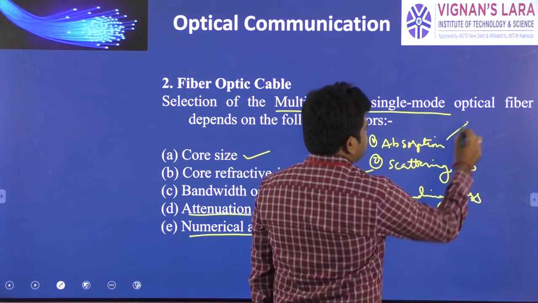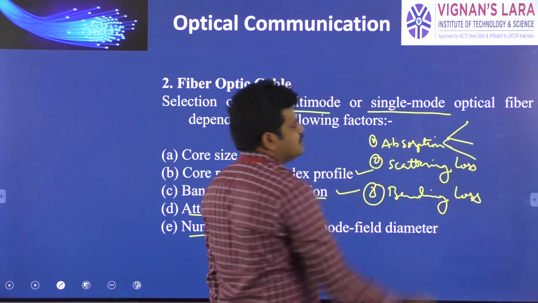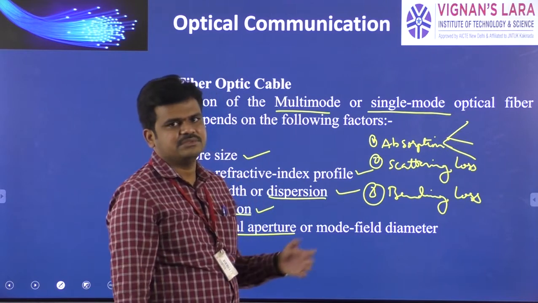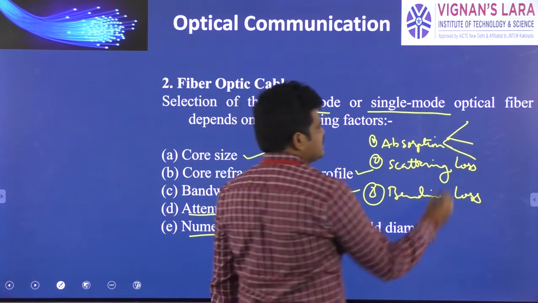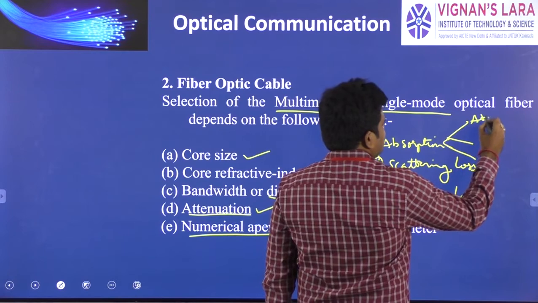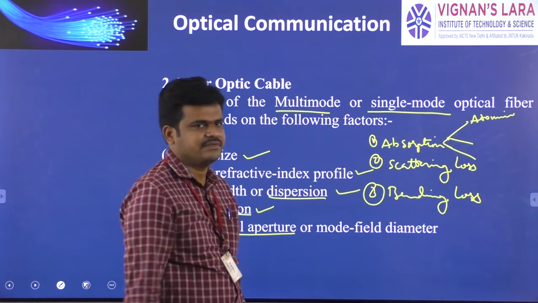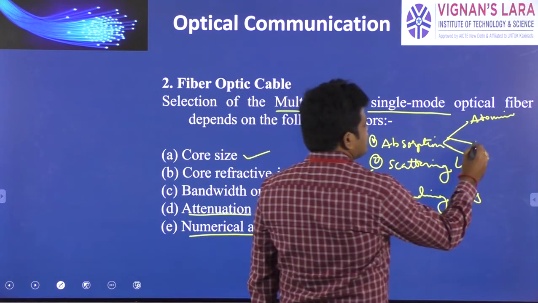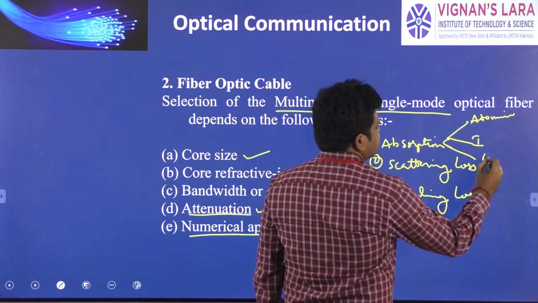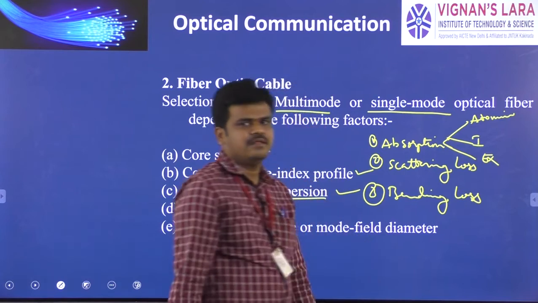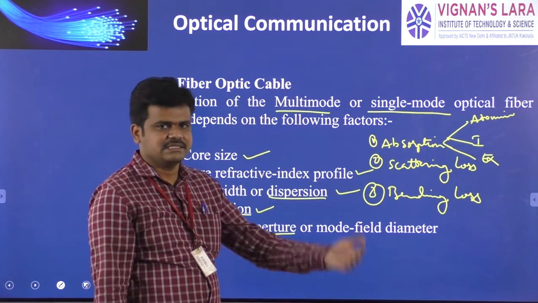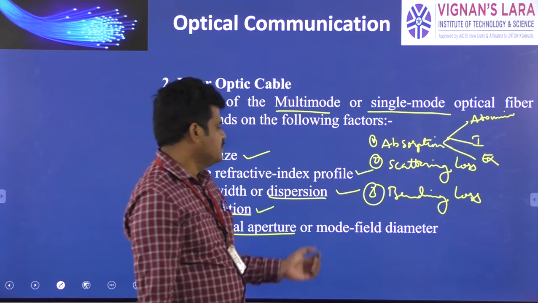This absorption may be due to three types of reasons. One is atomic defects, absorption due to atomic defects, absorption due to intrinsic material, absorption due to extrinsic material, or intrinsic absorption or extrinsic absorption, whatever it may be.